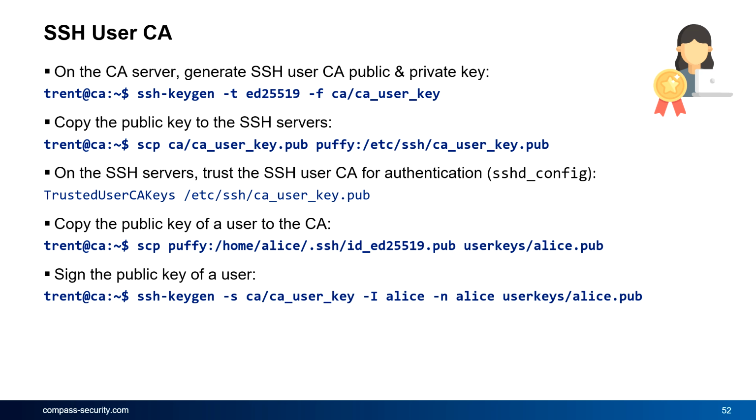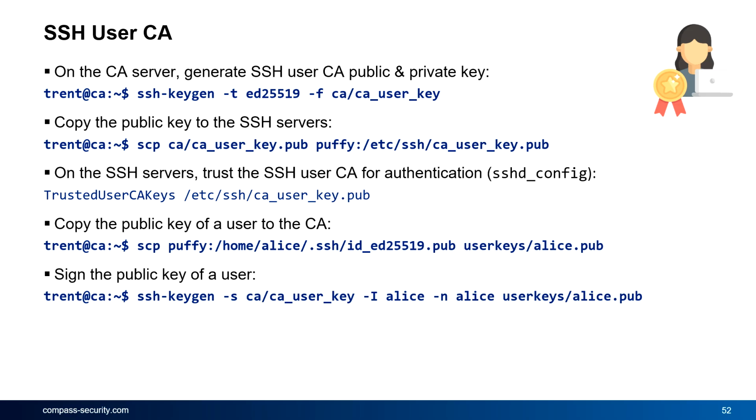Again, using the ssh-keygen command with -s for the user CA private key, then -i is the ID, just an identifier, and then -n specifies for which users this certificate will be valid. So this can also be multiple users, in this case just one user, Alice.